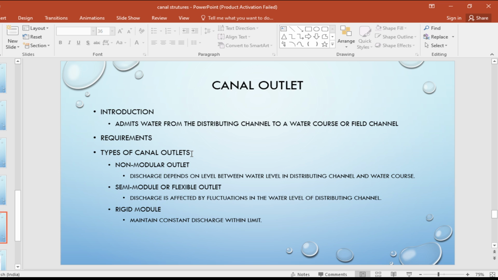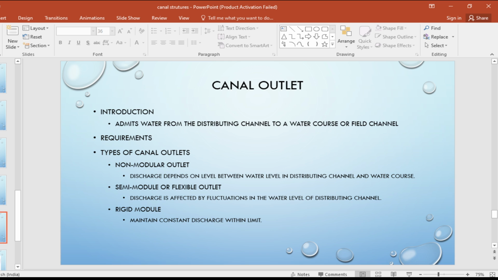Now, first is non-modular outlet. A non-modular outlet is the one in which the discharge depends upon the difference in level between the water levels in distributing channel and the water course.